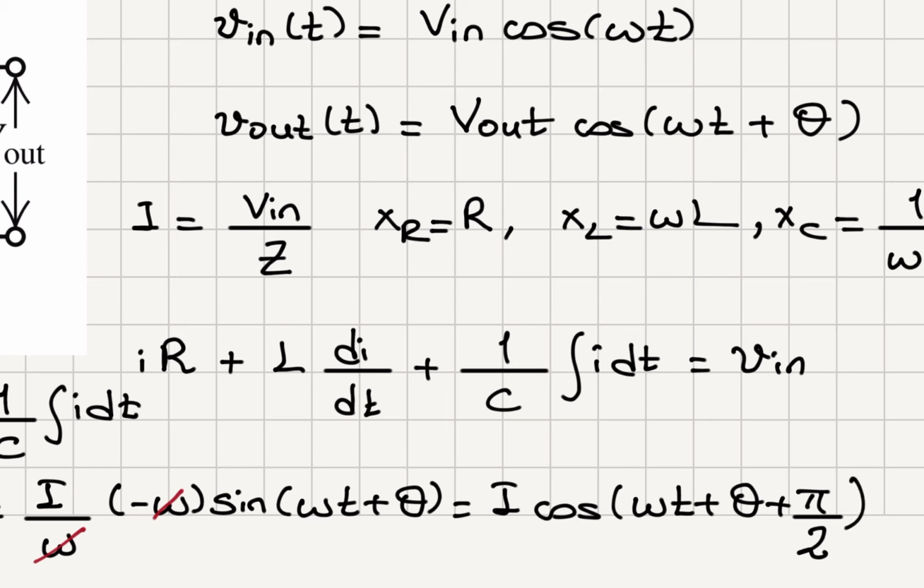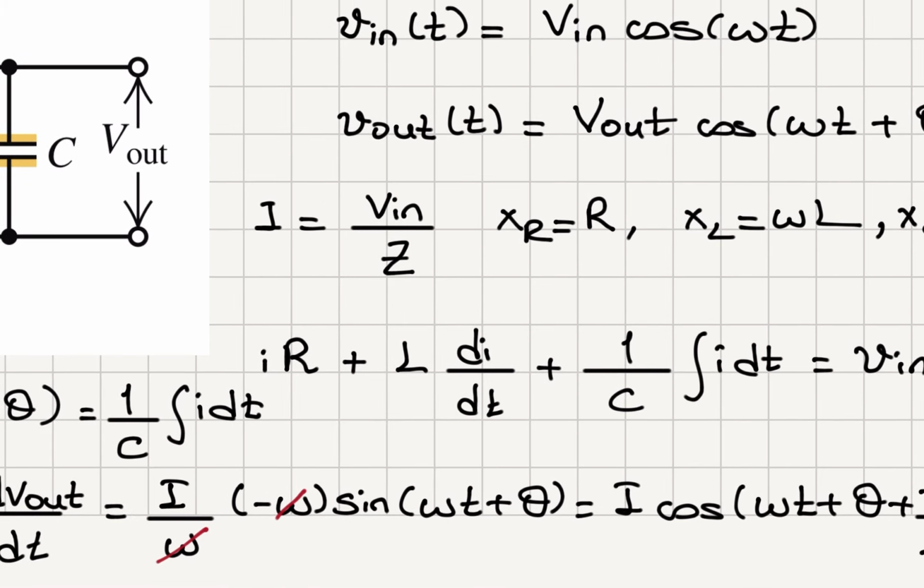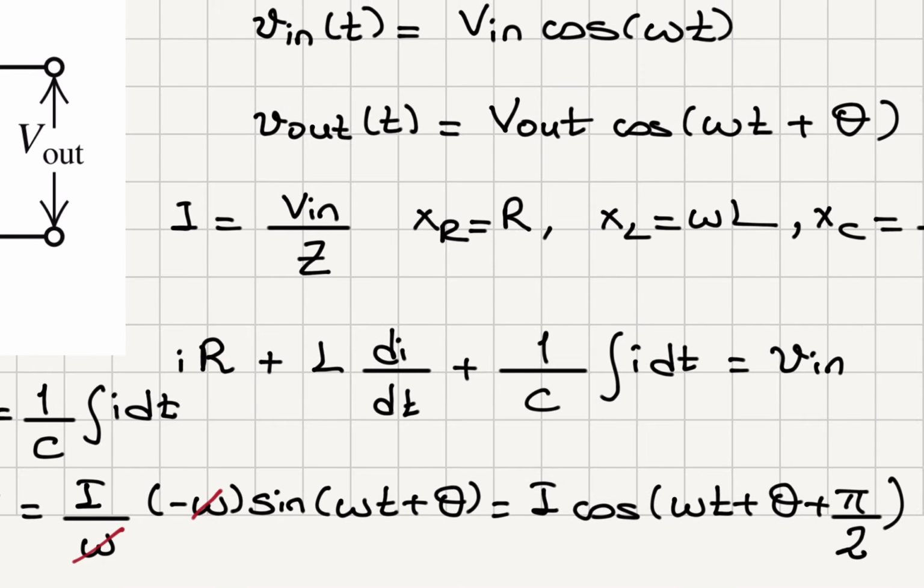So let's see if that works. Cosine omega t plus theta, cosine pi over 2, that's 0, minus sine omega t plus theta, sine pi over 2, that's going to be minus sine omega t plus theta. So minus sine omega t plus theta is cosine omega t plus theta plus pi over 2.